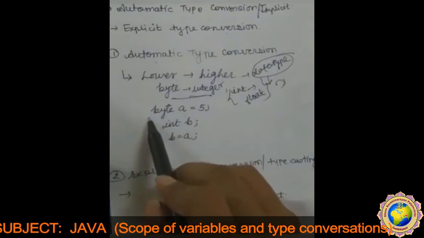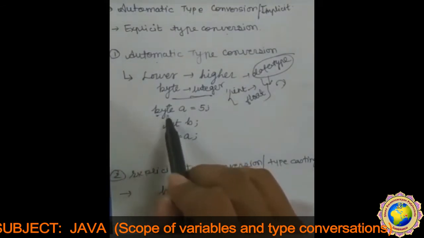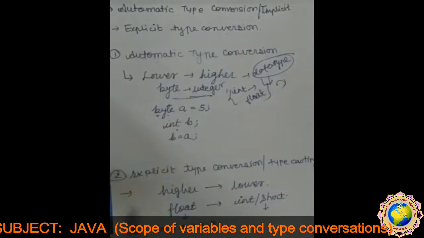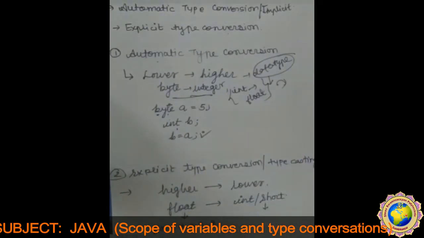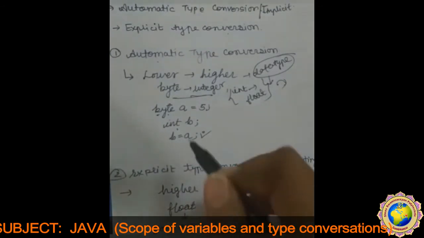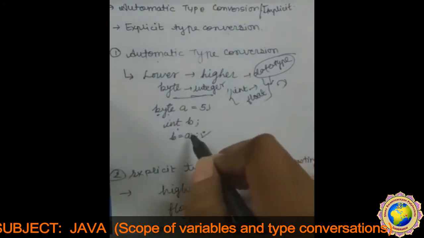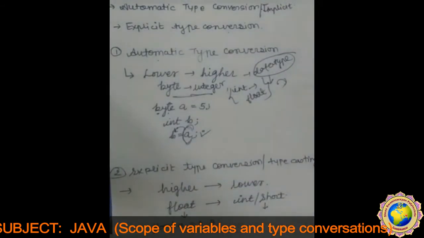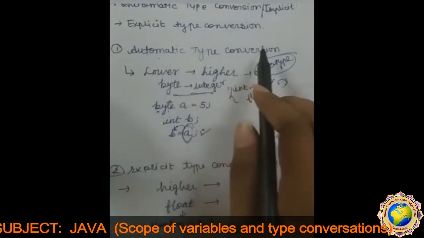Byte is the lower data type, and now we want to convert this byte into an integer. Then we can write integer b, and b equal to a. This is the right way, because it is an automatic type conversion. So byte is automatically converted into integer.